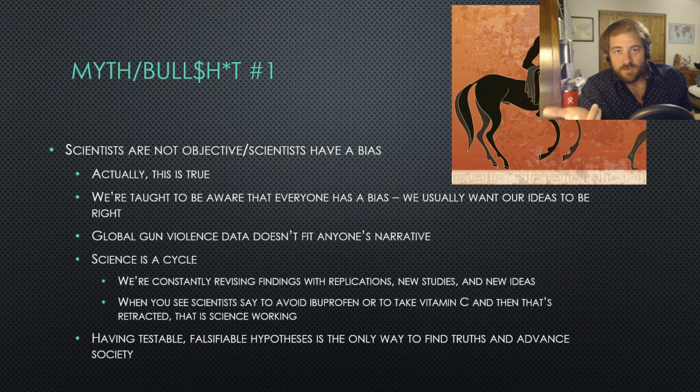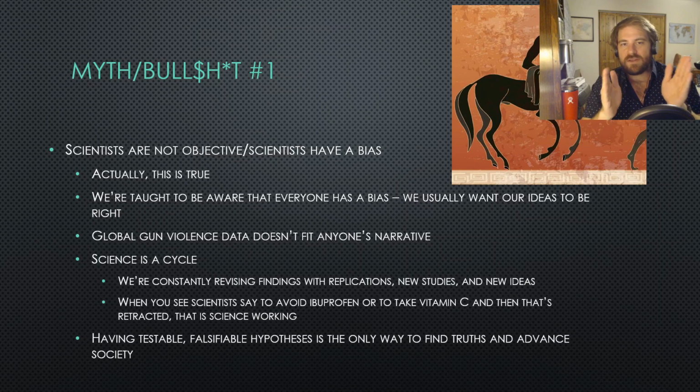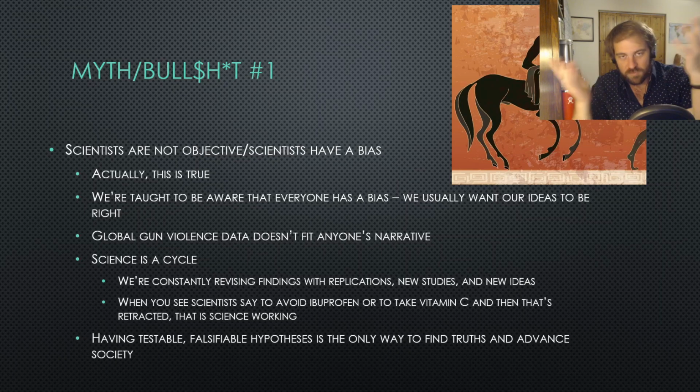Well, actually, it's true. One thing that we're taught when scientists are being trained to be scientists is that everyone has a bias. Doesn't matter who you are, doesn't matter what your profession is. You can be the most scientific person there is. You still have a bias. Even as much as we just want our hypothesis to be right. So we're going to test it and then we want that to be the way it is.